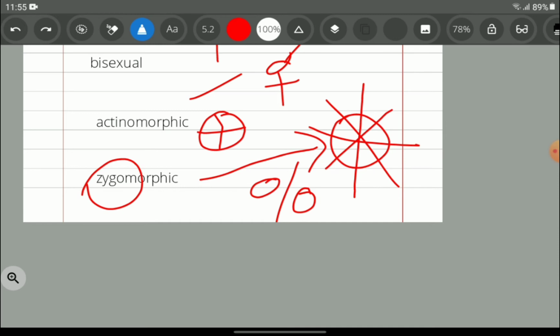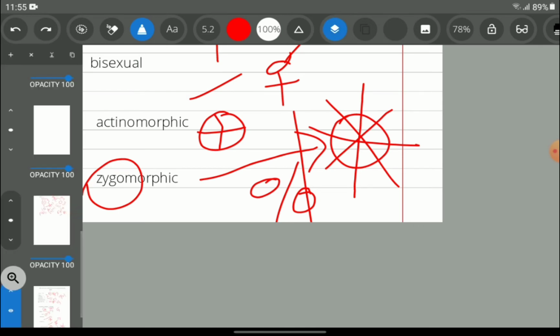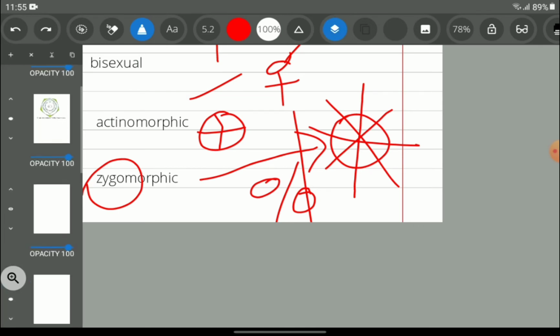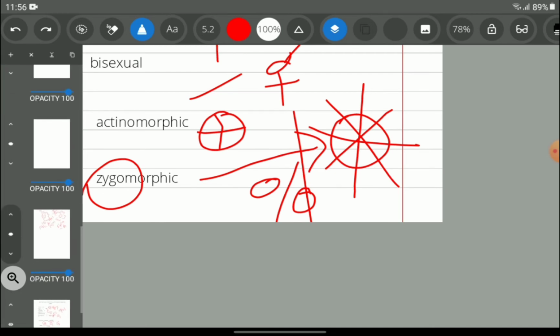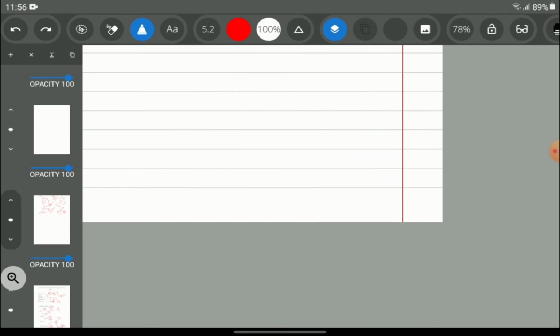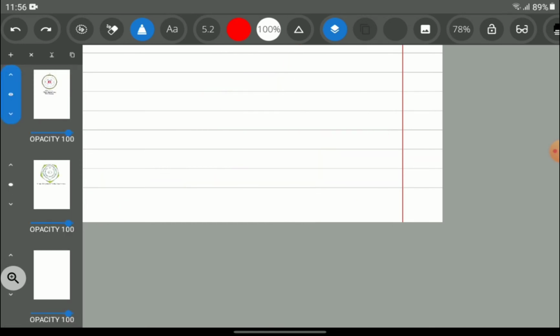Okay, so next, coming to the next part, we are going to read about some families over here. In NCERT they have given an example over here of family Brassicaceae.